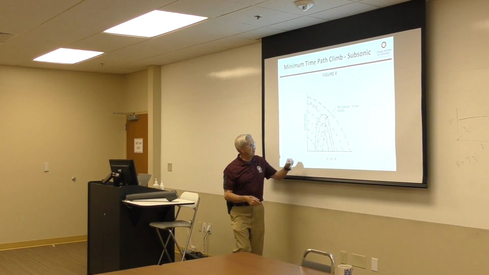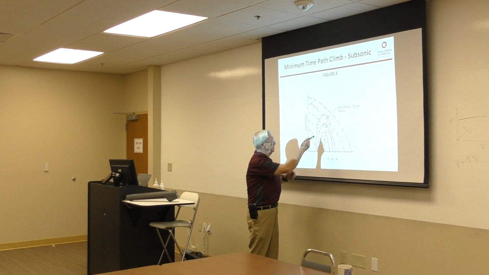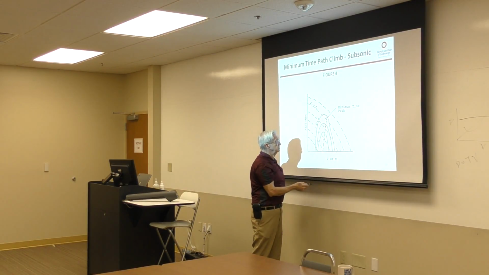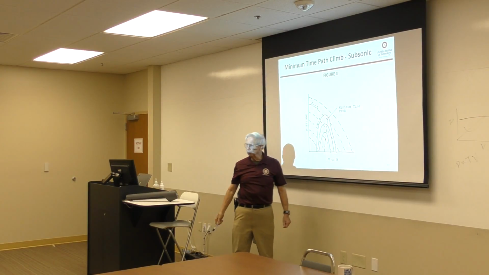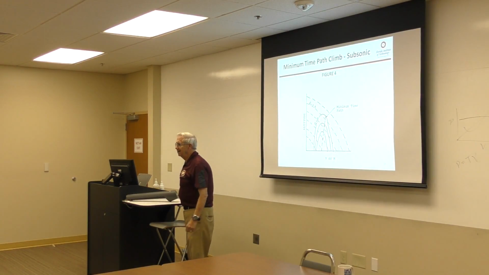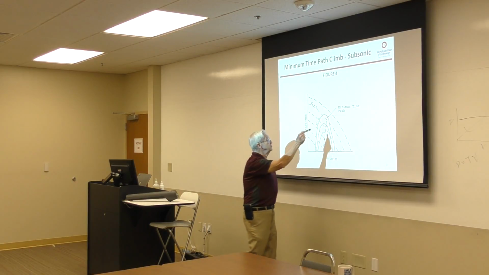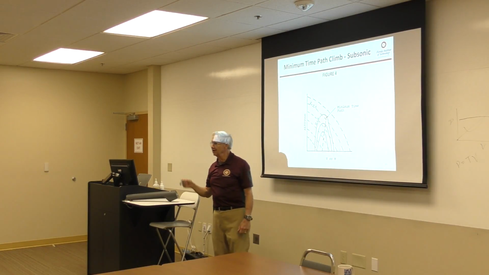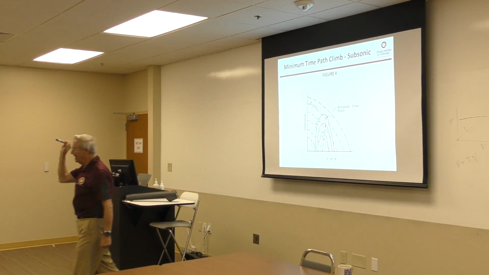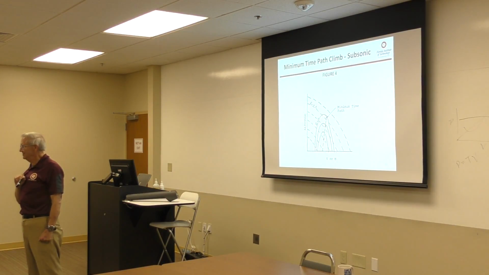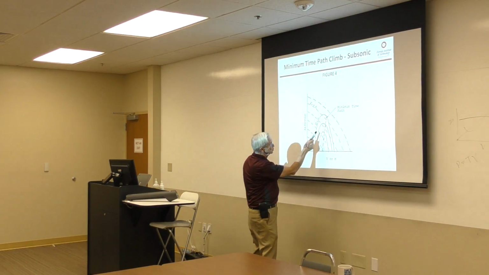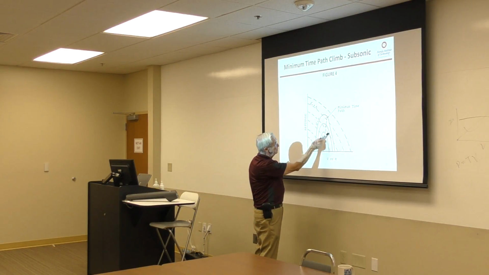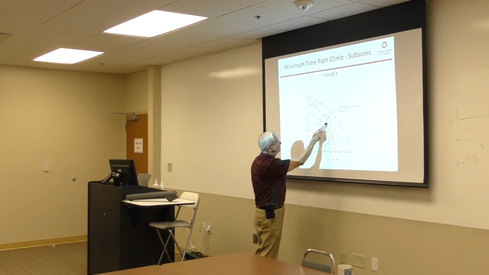Normally we climb an airplane between these top points. Those top points are best rate of climb speed. But if we want to get to a given energy level, let's say a certain altitude and airspeed, then we use where these lines are tangent with these lines.